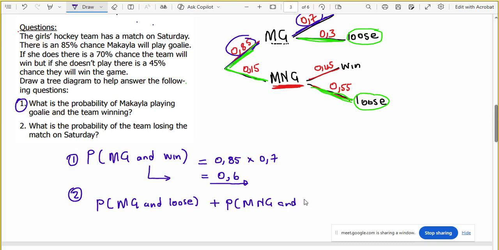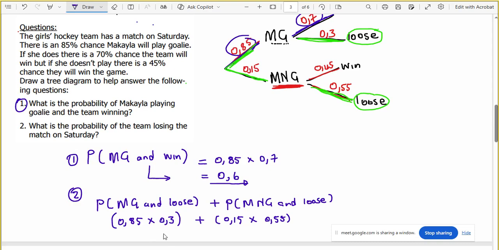and the team losing. For Michaela playing goalie, let's multiply the first green part, 0.85, by 0.3. Then you add the probability that Michaela does not play goalie, which is 0.15, multiplied by the probability that we lose, which is 0.55.